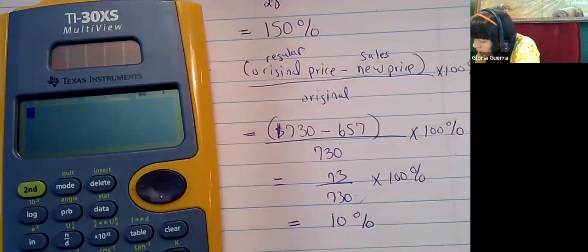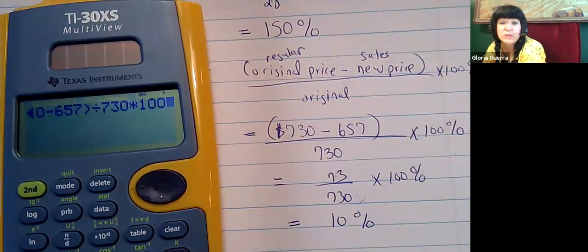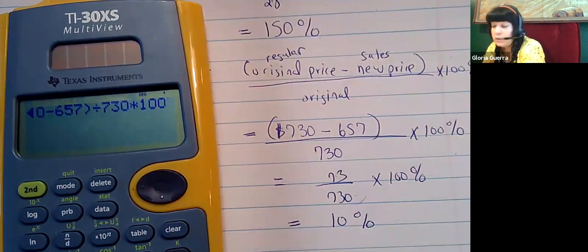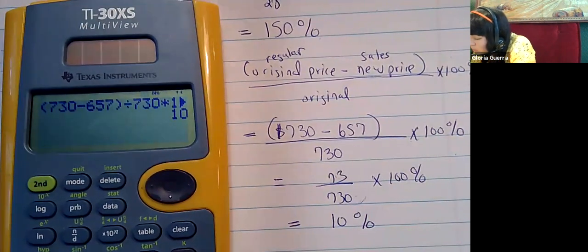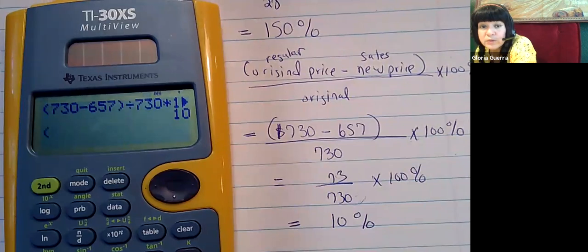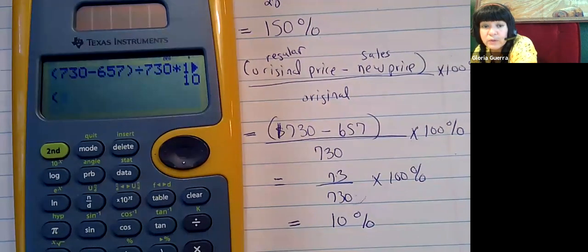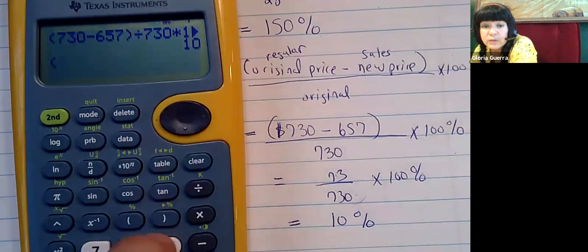So in the numerator, I have 730, take away 657, close the parentheses, divide it by 730, and then times 100. And we should still get the 10%. See that? So what I did was I did open parentheses, and the parentheses are right here above the 8 and the 9.